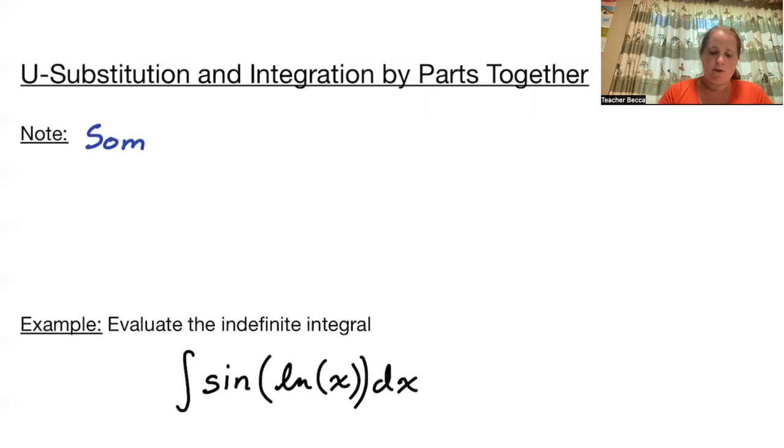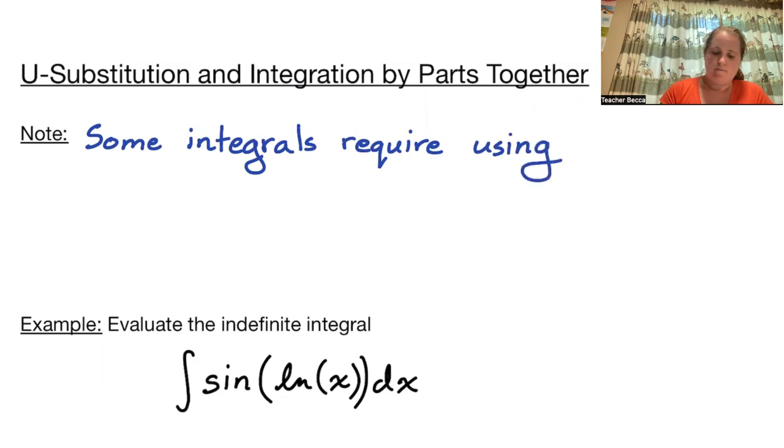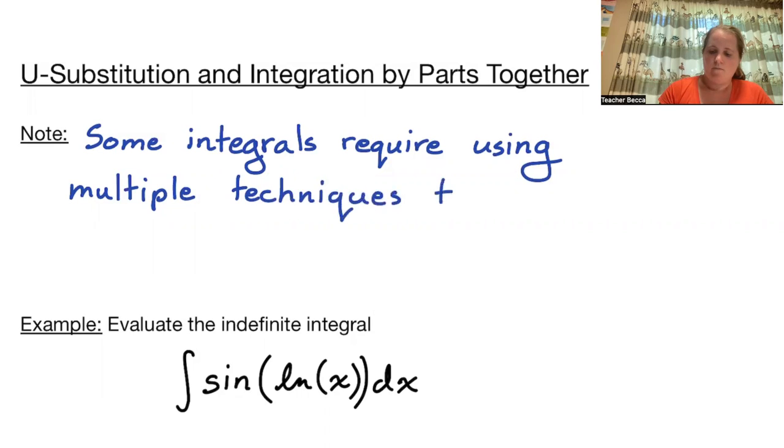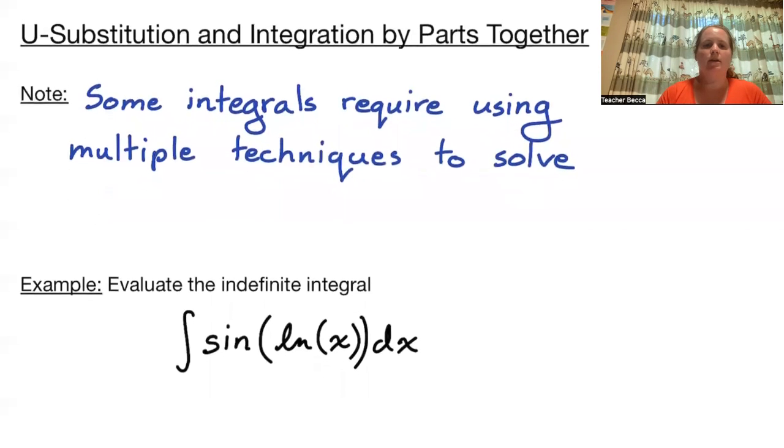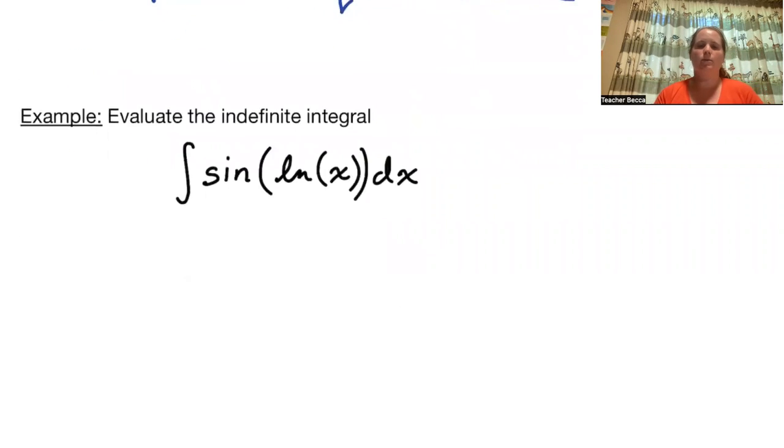Some integrals require using multiple techniques to solve. So for example, let's go ahead and evaluate the indefinite integral, which is the integral of sine of the natural log of x dx.